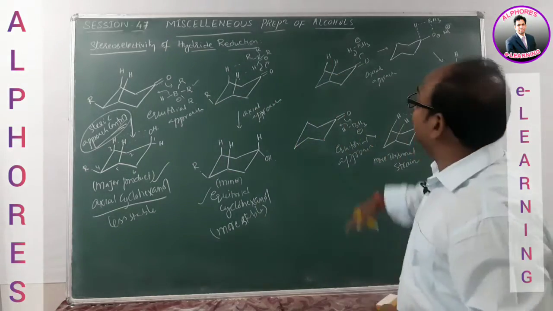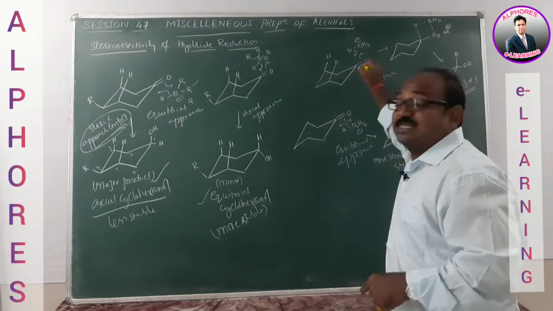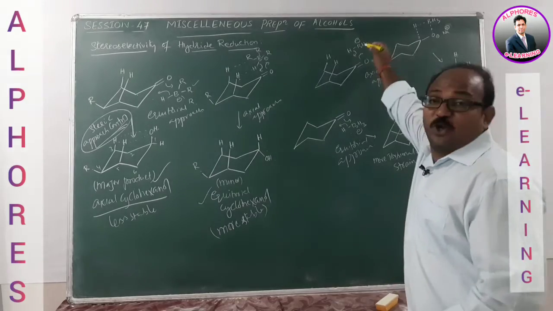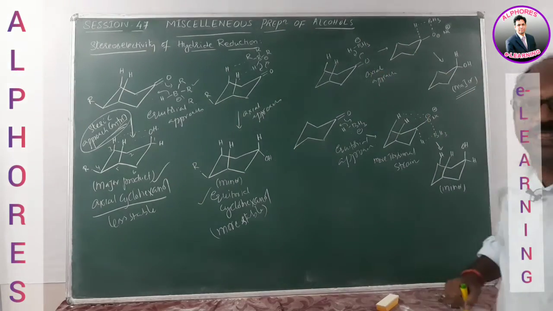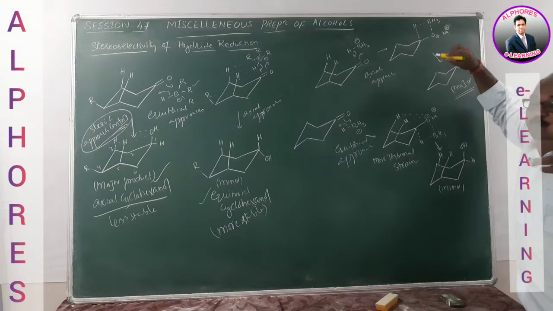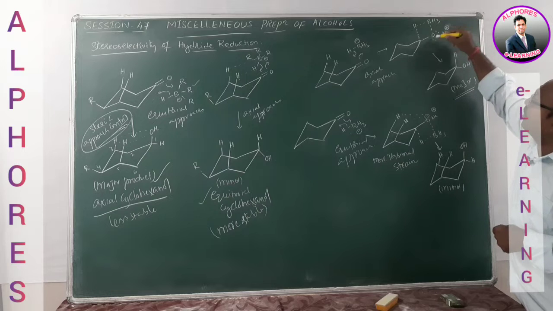But here it prefers to approach in axial rather than equatorial, because if it approaches in axial position, then the oxygen containing lone pairs are there. Three lone pairs here, if you observe O minus and A plus, and here two lone pairs, here another one more lone pair.